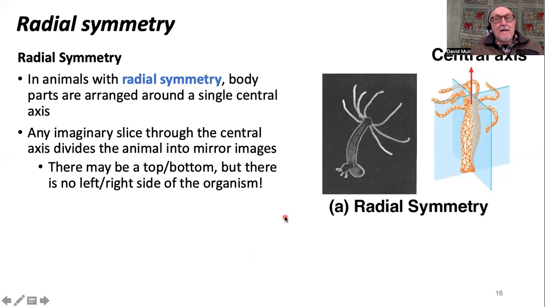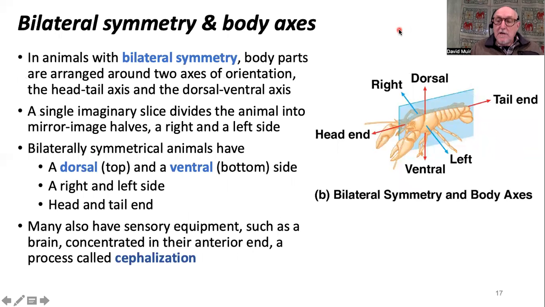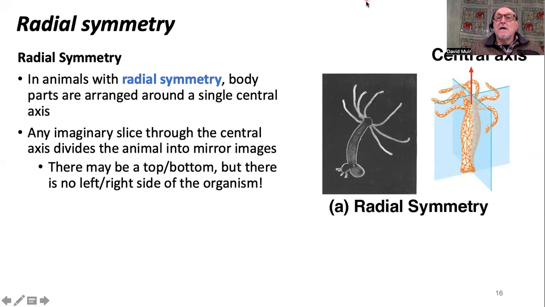So here are some of the radially symmetrical organisms, and these are probably a little bit familiar to you. I think you may have seen them in lab. You probably will see them in lab if you have not already. So the body plan is that they're radially symmetrical. In other words, they are symmetrical around a central axis. All you have to do is look at them from the top, and you realize that it's a circle with equal organs coming off all around.